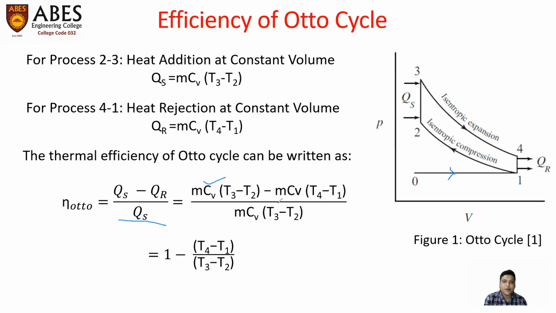The heat rejected, as we can see from here, is mCv(T4 minus T1). Now, if we divide by the amount of heat added, mCv(T3 minus T2), we see that mCv is the common part and we can cancel it out. Finally, we get the expression 1 minus (T4 minus T1) divided by (T3 minus T2).